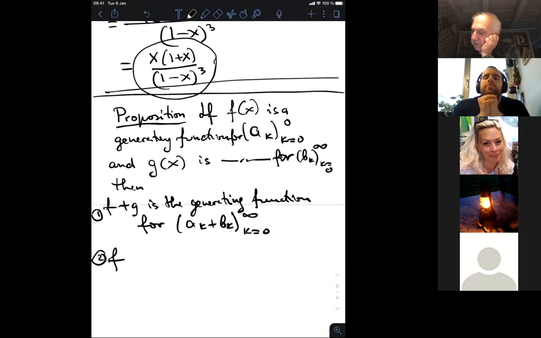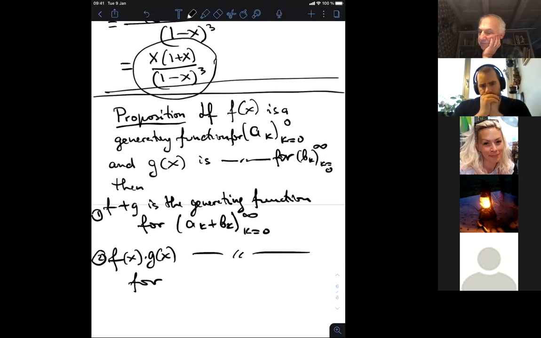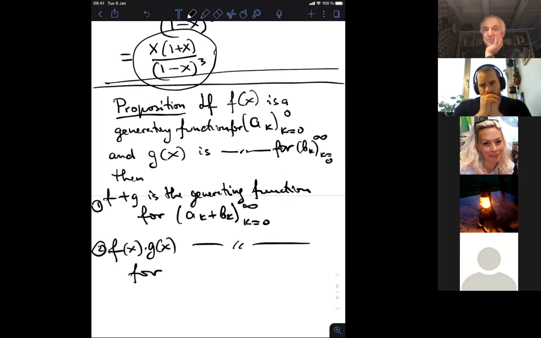Our second statement would be f of x times g of x. So what is it the generating function for? Can you help me? If we take the product of two power series, what should we do with the sequences to get the coefficients?